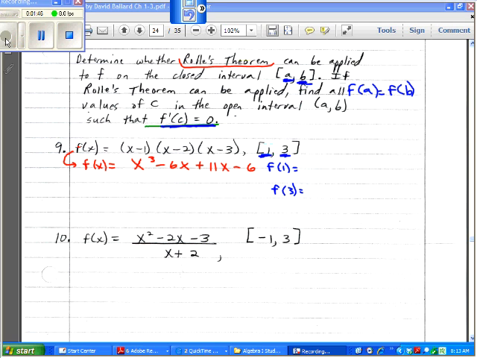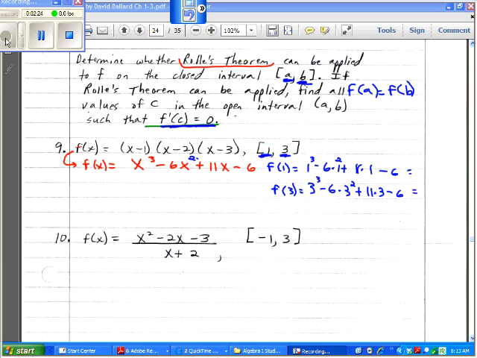So we'll plug a 1 in there, so we're going to have 1 cubed minus 6 times 1 squared plus 11 times 1 minus 6. And then if we plug in the 3, we would have 3 cubed minus 6 times 3 squared plus 11 times 3 minus 6.